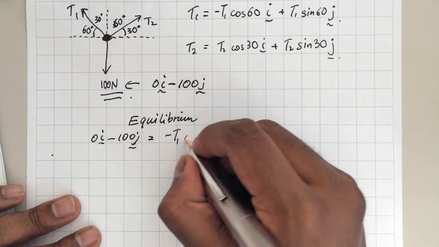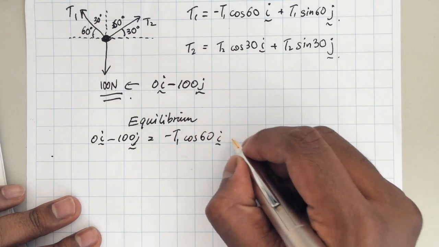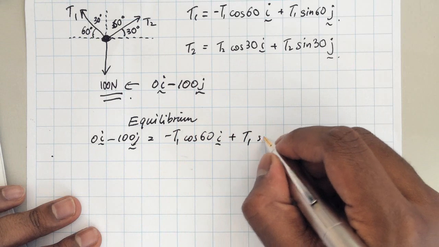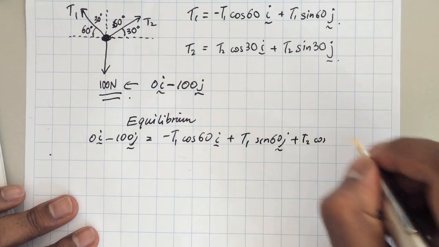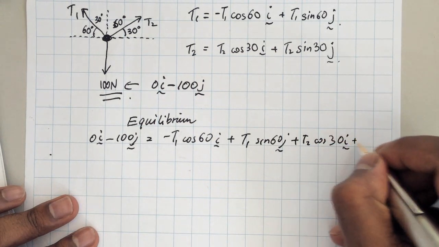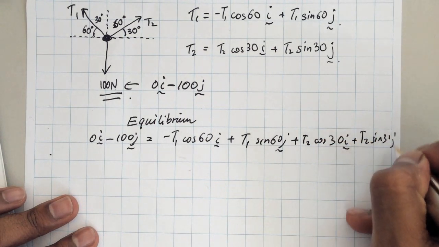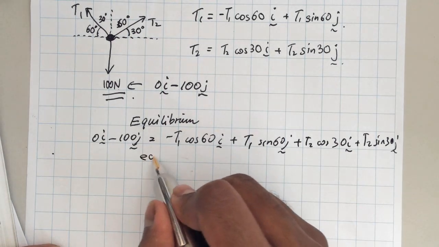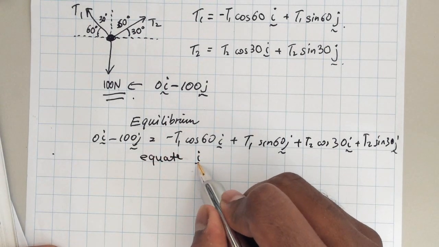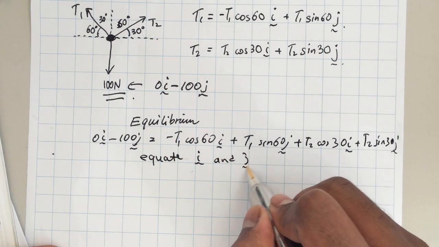Negative T1 cos 60 I plus T1 sine 60 J plus T2 cos 30 I plus T2 sine 30 J. Now we have to go ahead and equate the I's and J's. So we're going to equate the I's and J's, and here's how we do it.